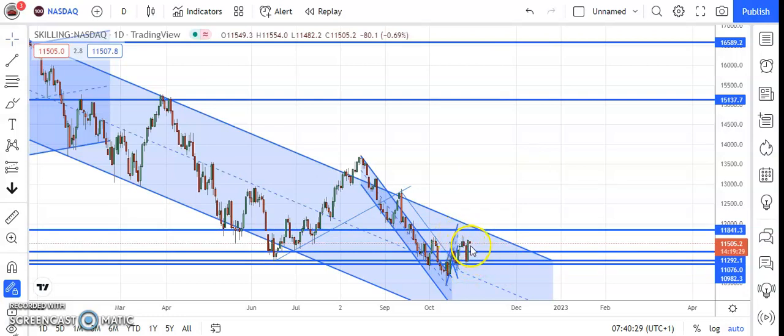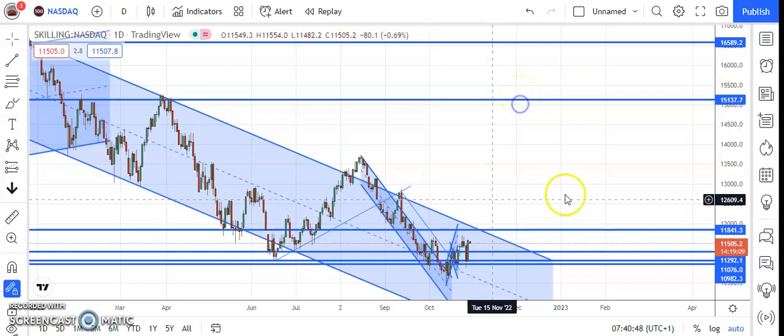I think this would just continue to 11,850, maybe have a false break if this confluence of resistance doesn't hold, or maybe we might go all the way to 112,800, but I doubt that would happen.